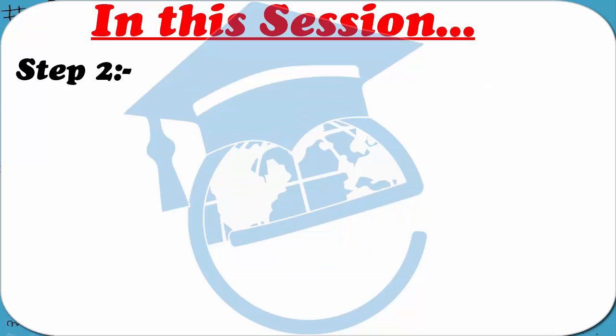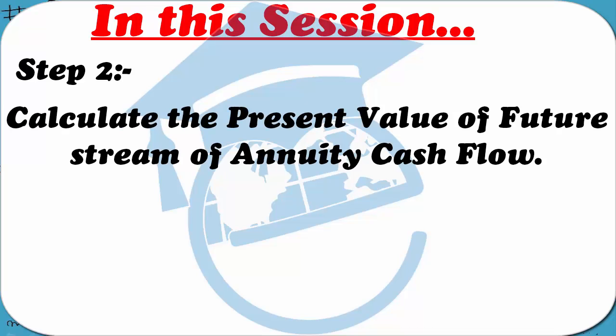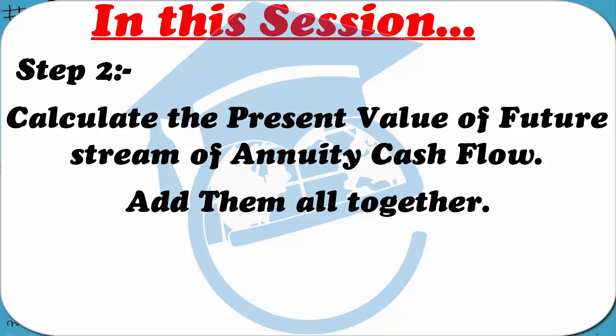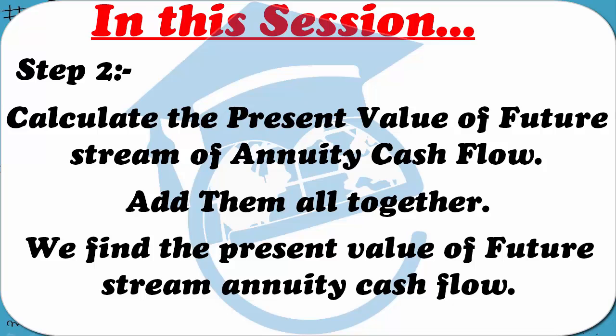And step number 2, the same annuities against which we have just calculated the future value, if we calculate the present value of those annual stream of earnings, I repeat, students, if we calculate the present value of the future stream of the annuity earnings and add them all together, then we shall be getting the present value of the future stream of annuity cash flows.